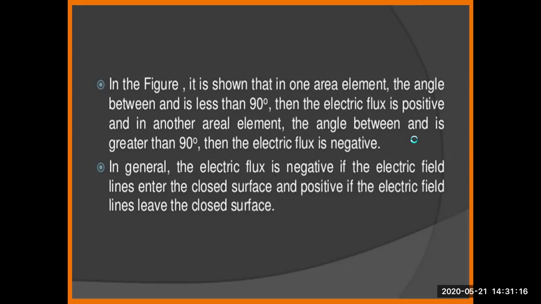When it is equal to 90, the electric flux is zero, because cos 90 is zero. When theta is zero, what is the value of electric flux? Maximum, because cos 0 is 1.